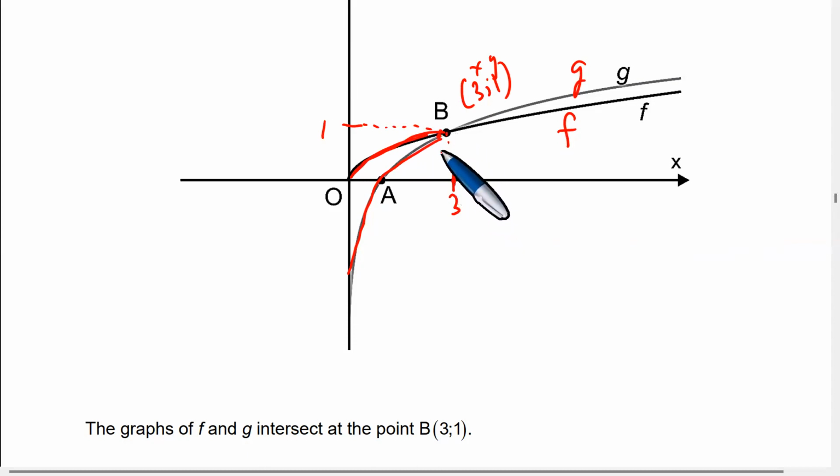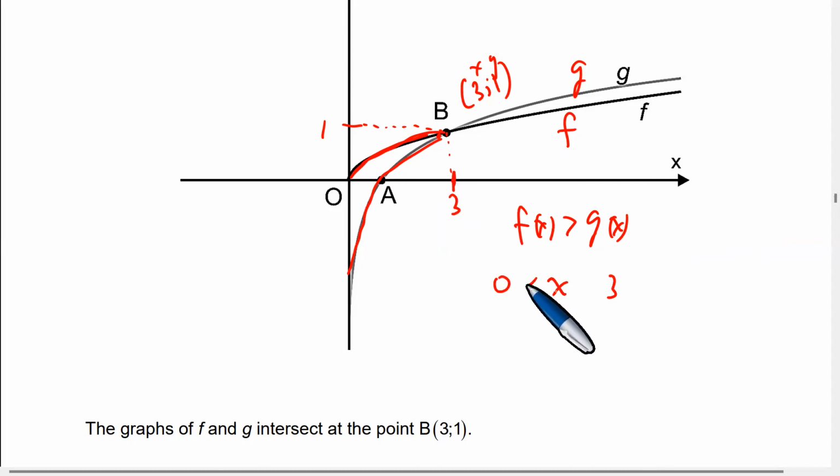The function f is below, but we're looking for where f of x is strictly above g. When is it above? It is above g here, which means between x equal to 0 here and x equal to 3 there. But at x equal to 3, it's not above, because we want strict.